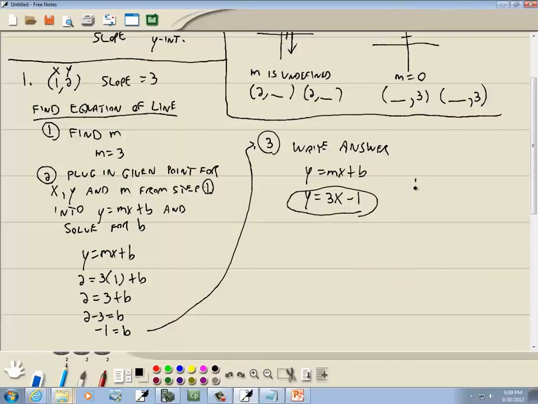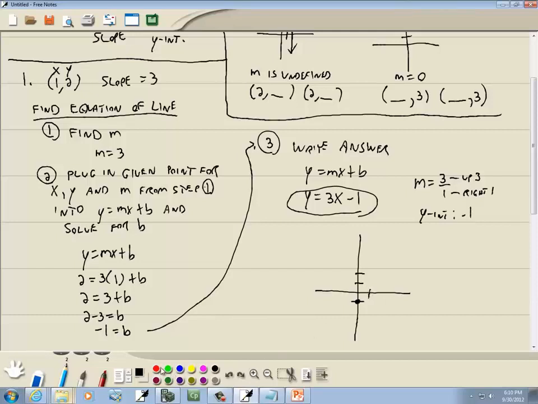Now, we already said slope is 3, and I'll put that in fraction form. That's 3 over 1. And our y-intercept is negative 1. Well, remember, slope is changing y over changing x, so this goes up 3 and right 1. So to graph this, I'm going to go over my y-intercept and put a point right there.